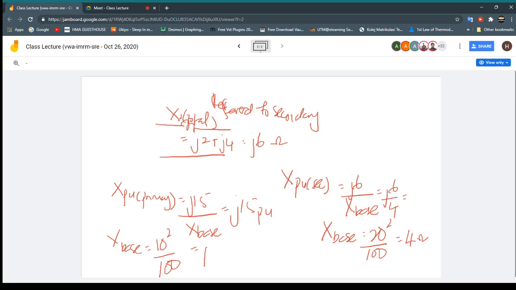Now I refer to the secondary side, meaning that all the reactance at the primary is transferred to the secondary by dividing by the square of the turns ratio. So this is the basic relationship. So I divide the primary reactance 1 by the square of the turns ratio, 10/20 squared. So I get 4 ohm, right?